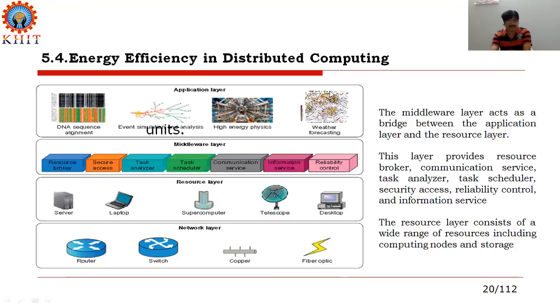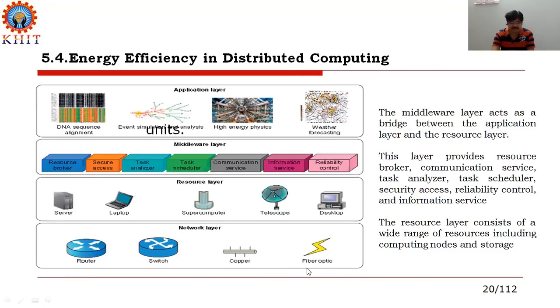Let us consider a simple example. If we are working with a distributed operating system, and we want to improve the efficiency of a weather forecasting application, what are the network layers required?